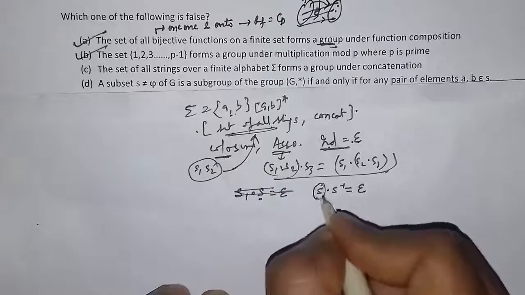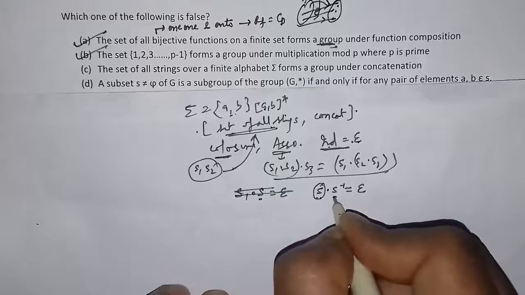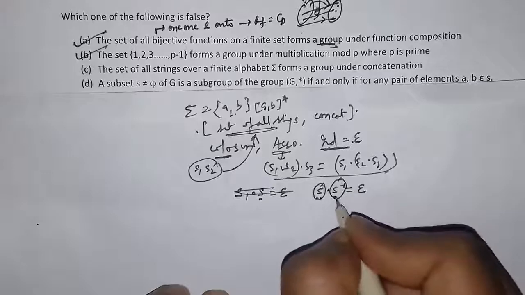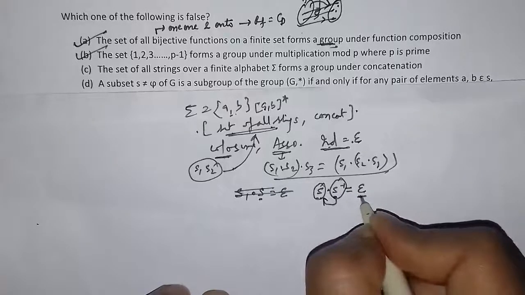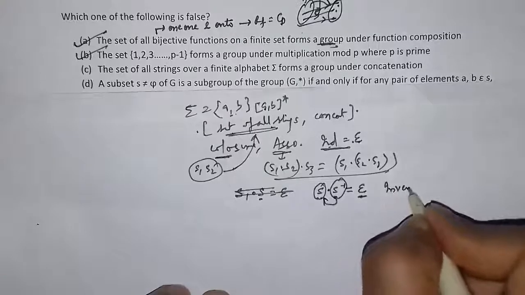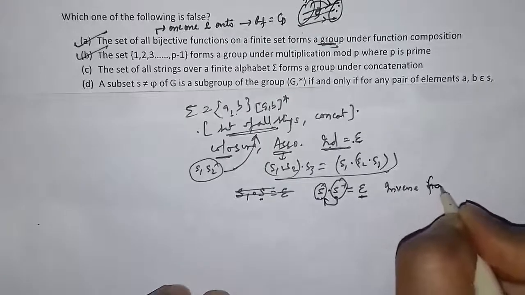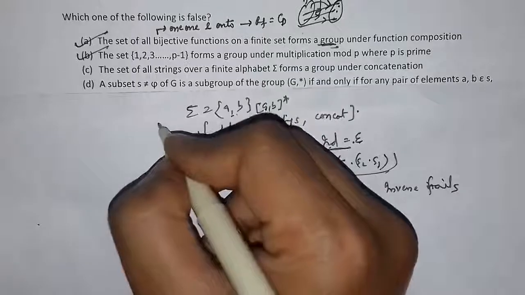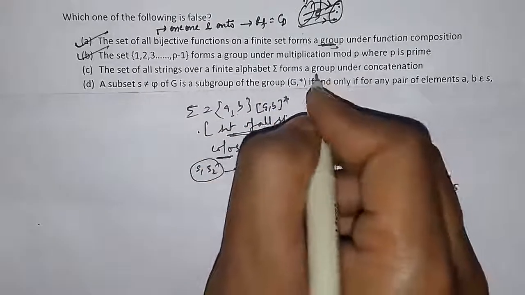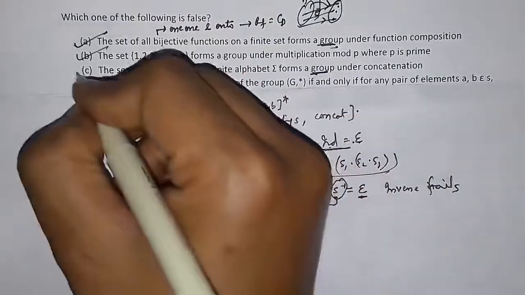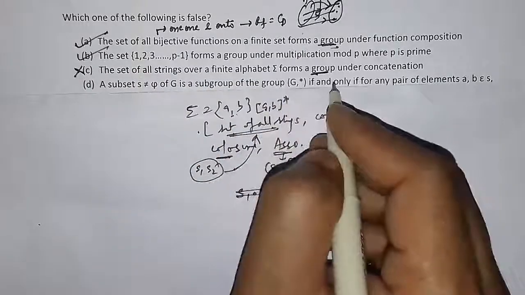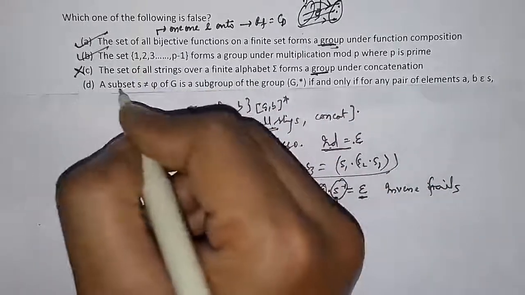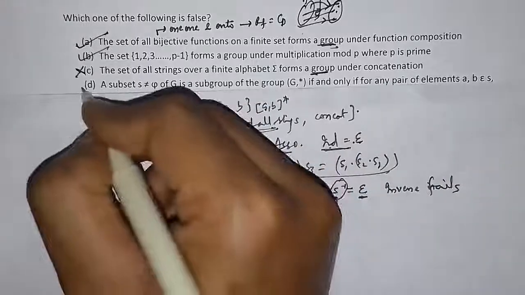But for any string s, there is no inverse present, there is no other string which can be concatenated with s so that the result will be epsilon, so the inverse property fails. Hence option C is not a group, it does not form a group, so it is false. Option D is a famous theorem on subgroups, you may have read in set theory, so it is correct.